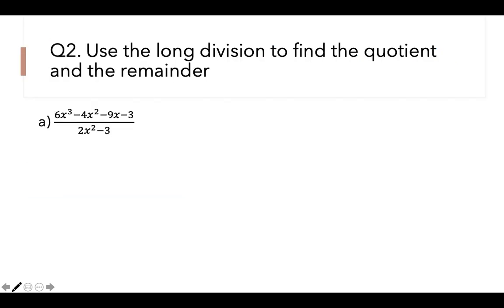So let's practice. First things first, we are going to align them in decreasing order in terms of exponent. So we can double check, the exponents are 3, 2, 1, and 0. That is especially important for the dividend: 6x cubed minus 4x squared minus 9x minus 3.